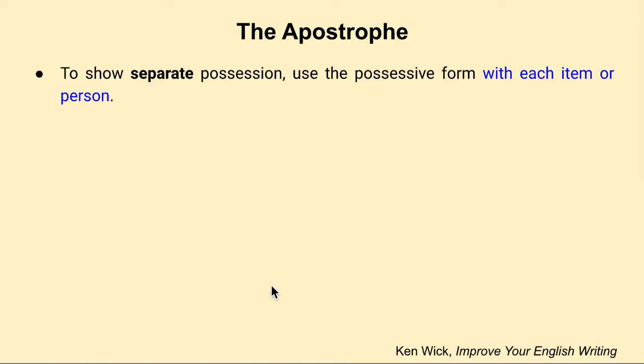So let's look at some nuances for showing possession. To show separate possession, use the possessive form with each item, with each person or item. So not really punctuation. Some of my nuances have more to do with grammatical things in the sentence.